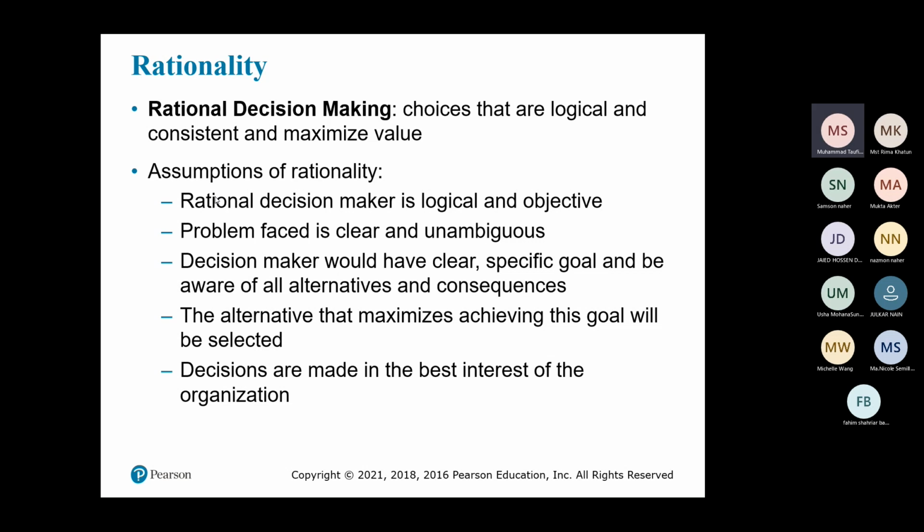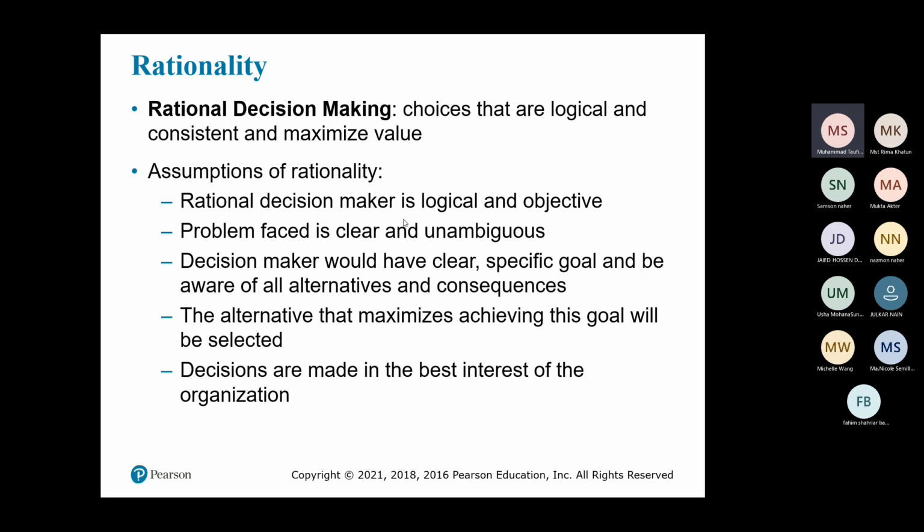When you want to make a rational decision, there are some assumptions. The first assumption is that a rational decision maker is logical and objective. You must be a logical person, and you must have goals when you want to make your decision. The second is that the problem is clear and unambiguous, which means you clearly know what problem you are facing.